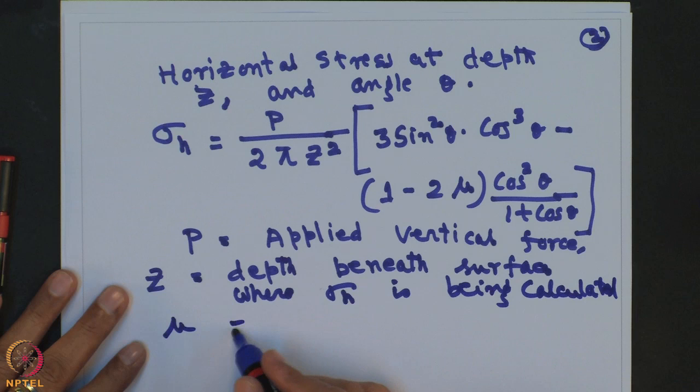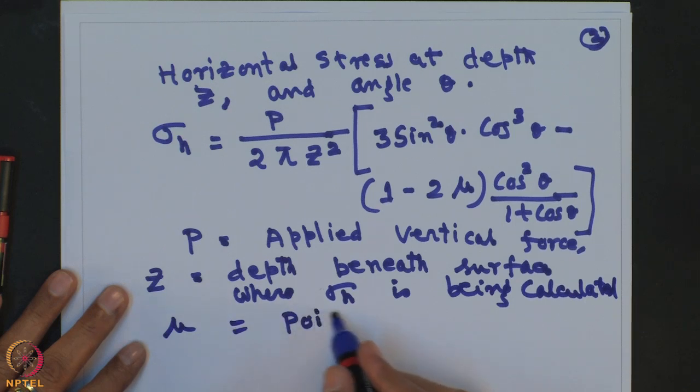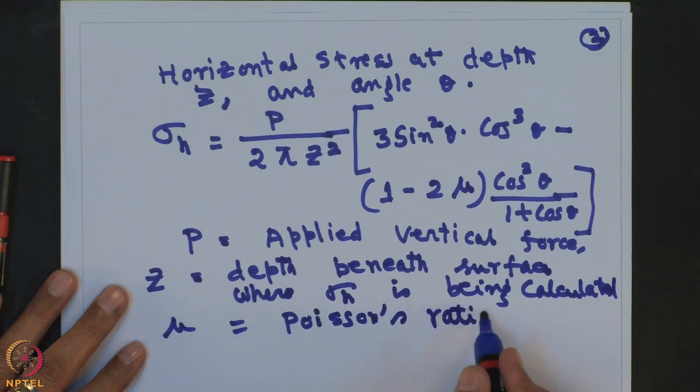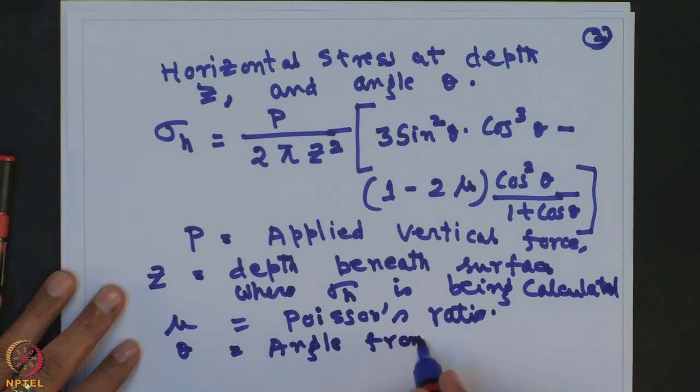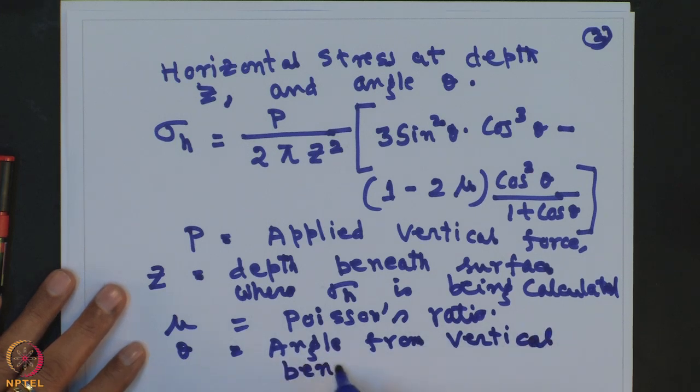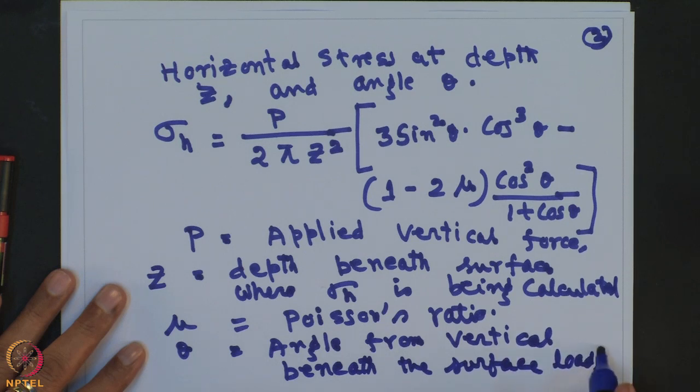And mu is Poisson's ratio. And theta is the angle from the vertical beneath the surface load, that is P.